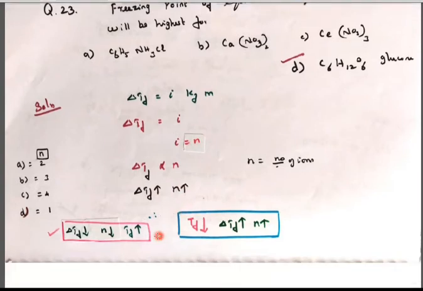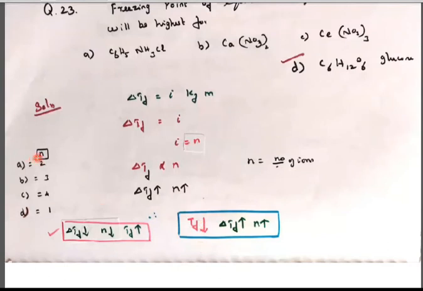So as I already said, if the number of ions decreases, delta Tf decreases, but the freezing point of the solution increases, just the opposite. Here, as the number of ions increases, the depression in freezing point also increases, but the freezing point of the solution decreases.